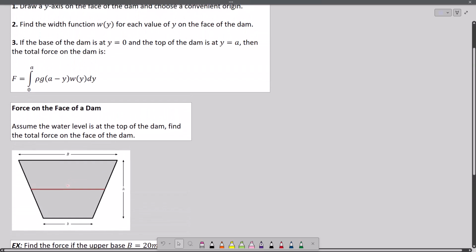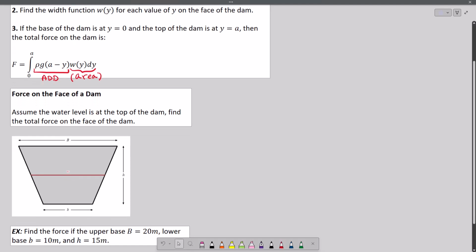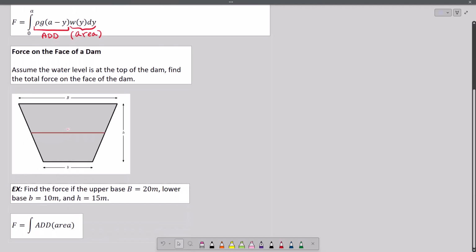So this right here is the ADD. So there's ADD. And then the width across the dam, that has units of length. dy has units of length. So this is an area right there. So that's how we're going to memorize this. ADD area. So when we're in this 2-dimensional case, we use area.